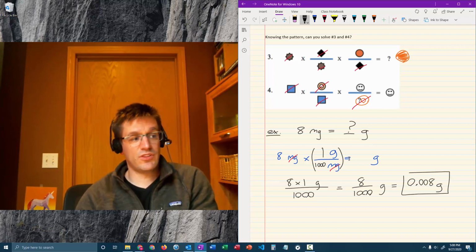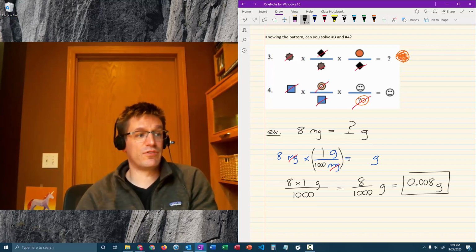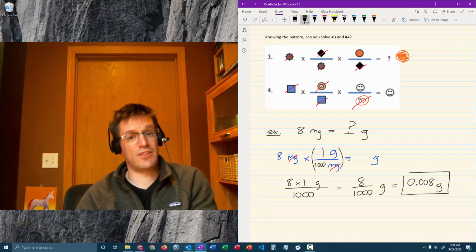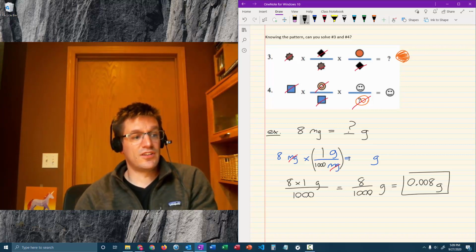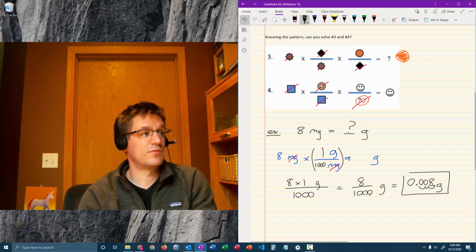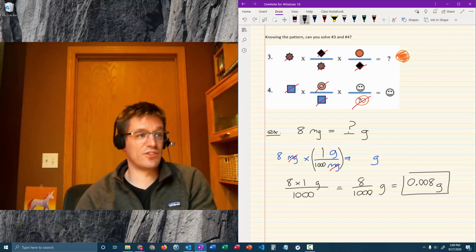And this matches with the ladder method. If you're going from milligrams to grams, on the ladder method we would have had to move the decimal left 3 places. The decimal used to be right here, and I went 1, 2, 3, and that works. So we get the same result, and that's a good thing.